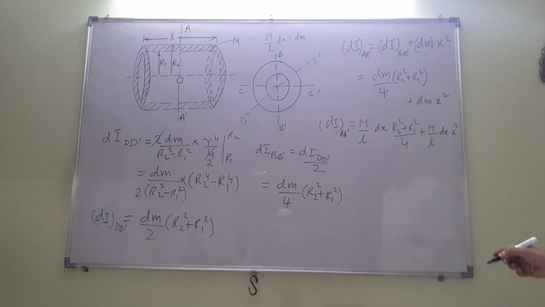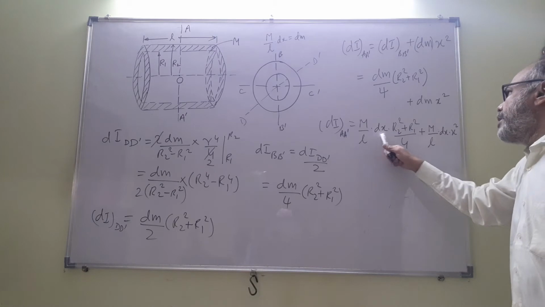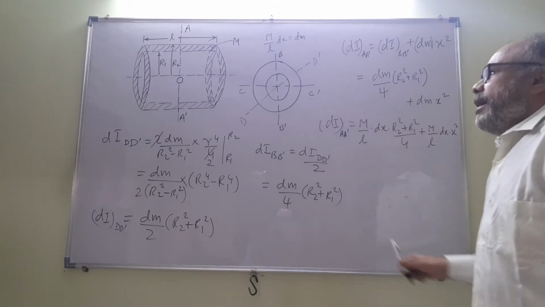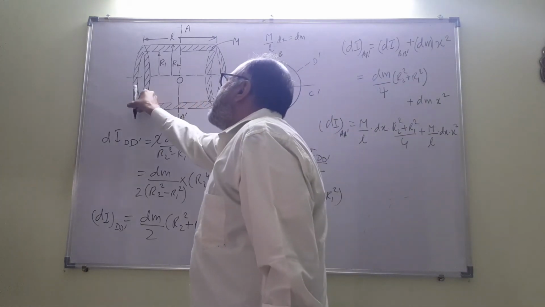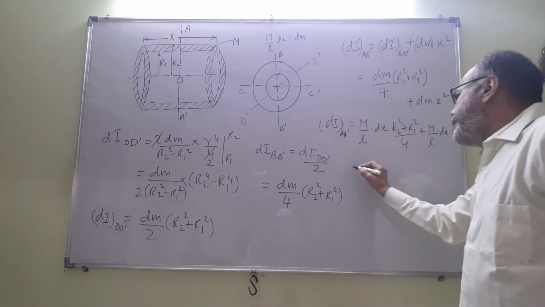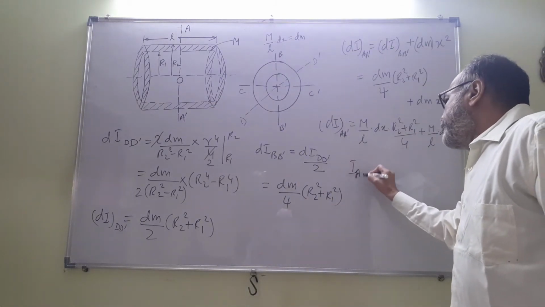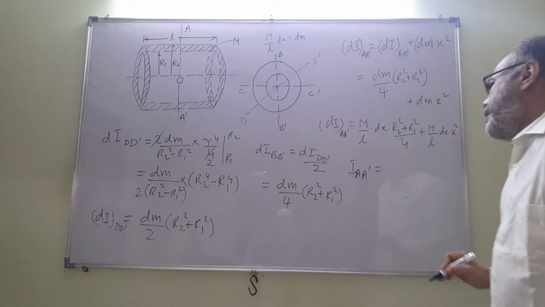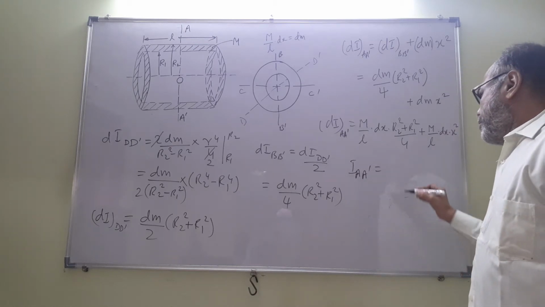Now we simply need to integrate this. We have only one variable now, x, and x varies from minus L by 2 to plus L by 2. So if you integrate this, you will get the moment of inertia about AA dash.